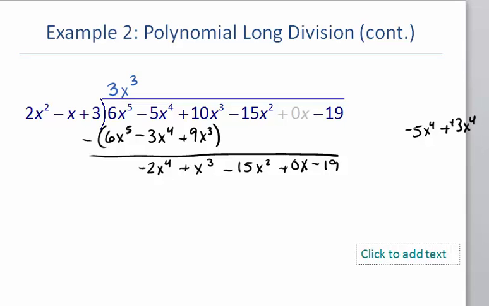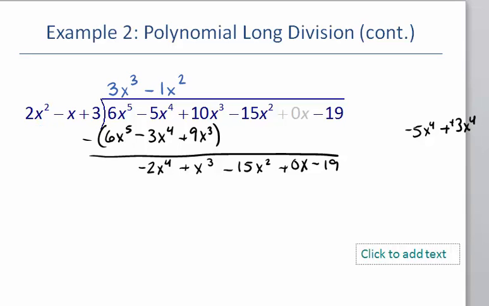All right, so we'll go back and compare the 2x squared on the outside to the negative 2x to the 4th on the inside. 2 times what makes negative 2? That would be a negative 1. X squared times what makes x to the 4th? That would be an x squared. Then we need to multiply.